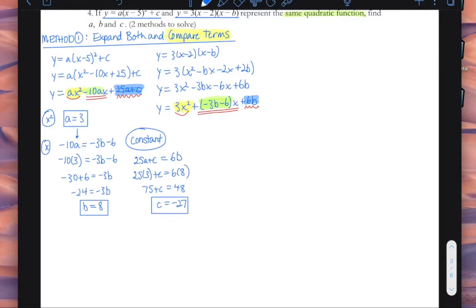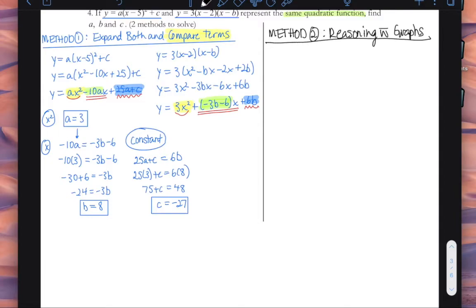In my next method, which is a bit more graphically intuitive, we're going to call it method 2: reasoning with graphs.